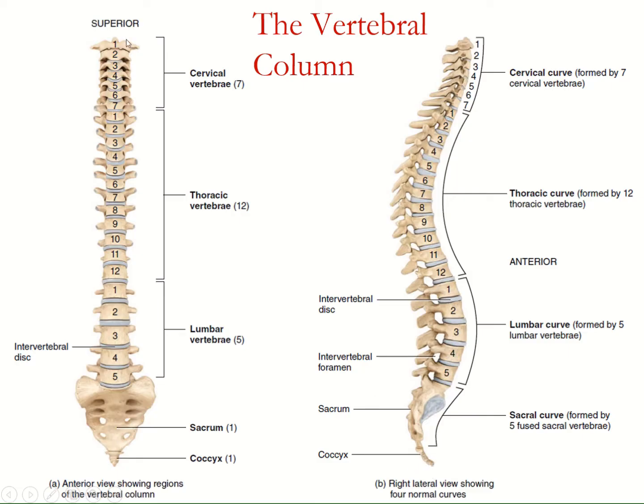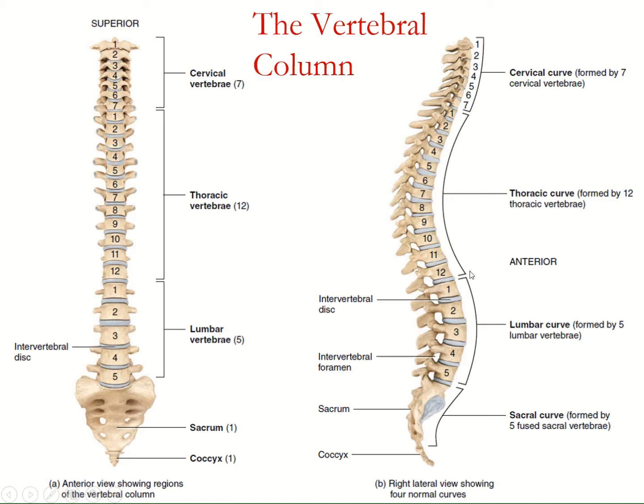Okay? In an anterior or posterior view, the vertebral column may look straight, but in a lateral view, it has curves. The cervical and lumbar segments have anterior convexity.